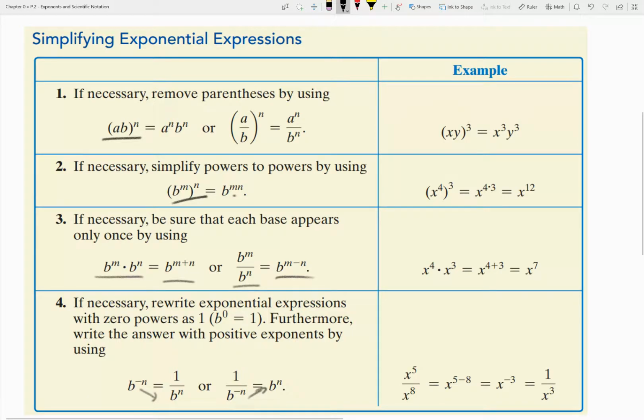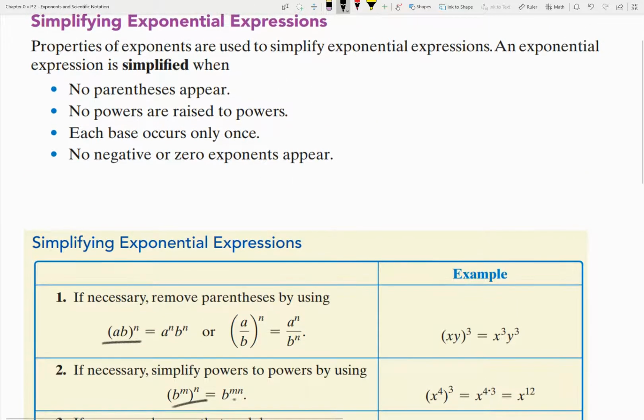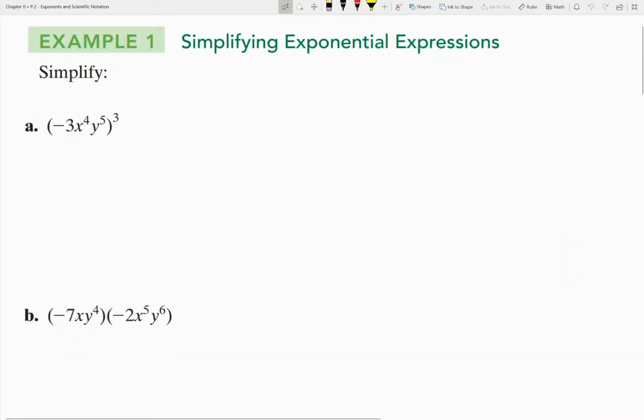So again, remember my goal: no parentheses, no powers to powers, each base once, no negative or zero exponents. So let's try to simplify a few exponential expressions. Okay, let's start with part A.